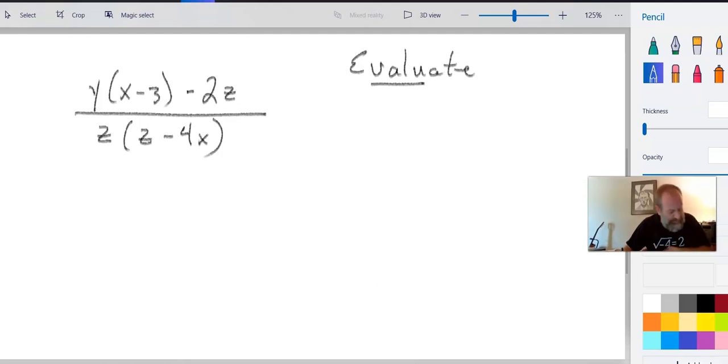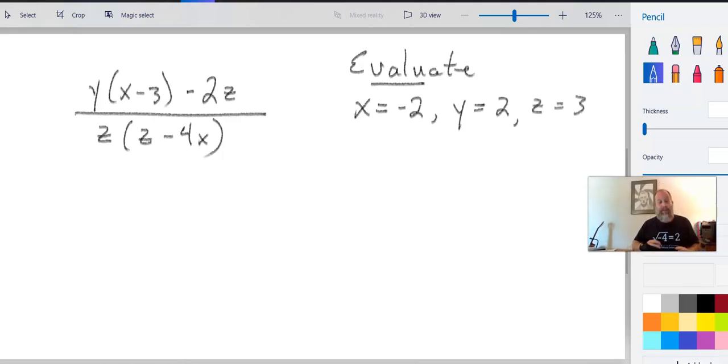So let's see, what do I have for this particular problem? We've got x is equal to negative 2, y is equal to positive 2, and z is equal to 3. Okay, so this is how I like to do things.